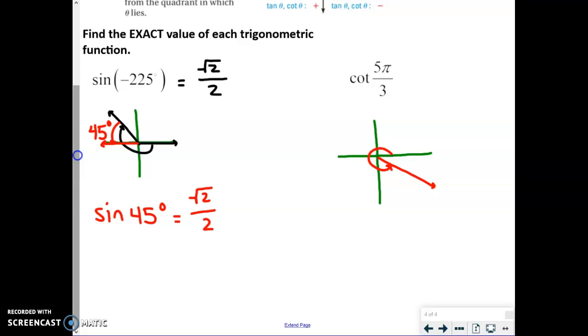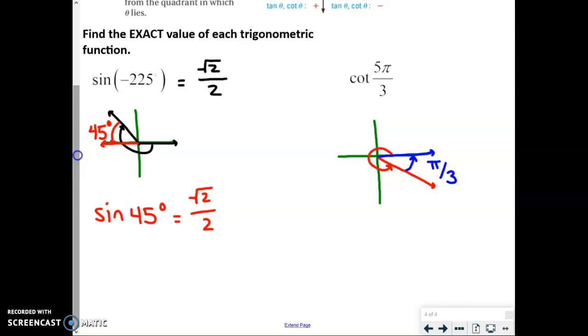So how much further would we have to go in order to find that reference angle? Well, how far is it from 5/3 pi to 2 pi? The answer in this case, what's left would be 1/3 pi. So our reference angle in this case would be 1/3 pi.